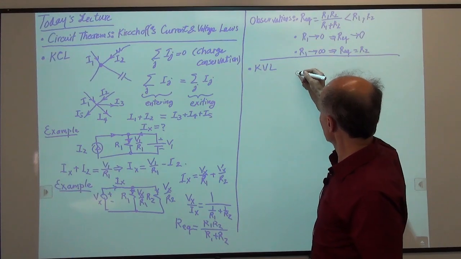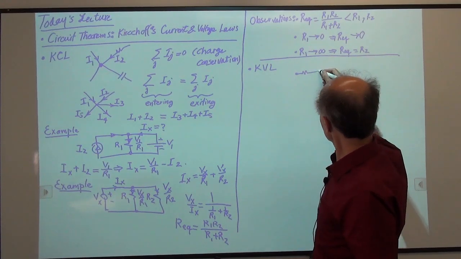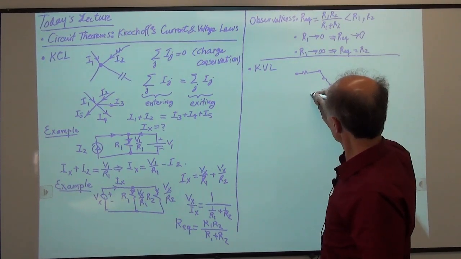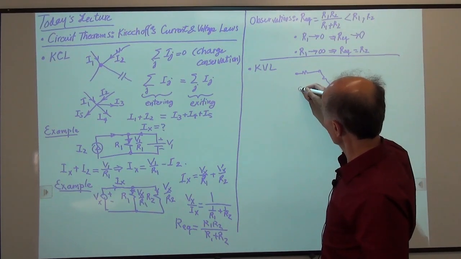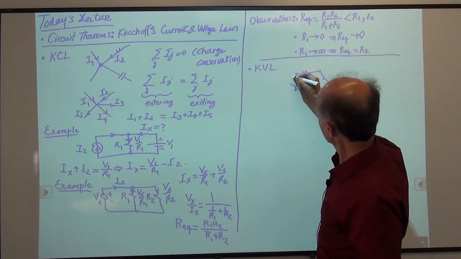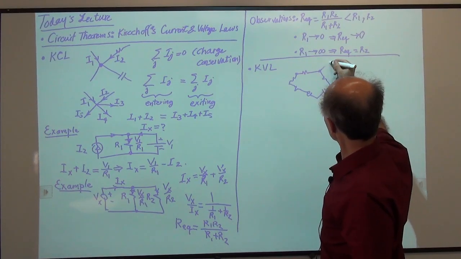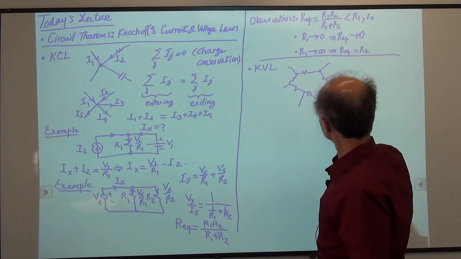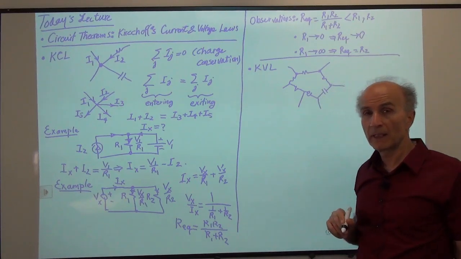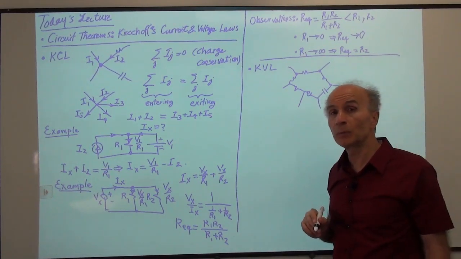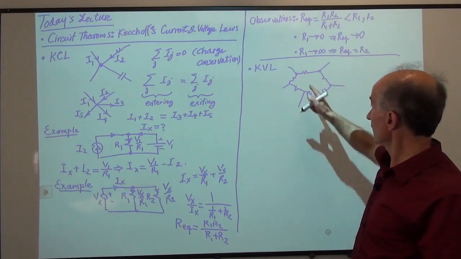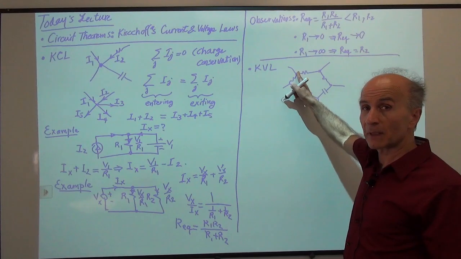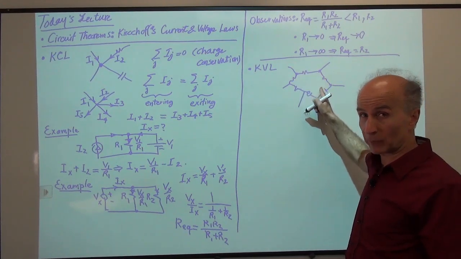So let me explain what that means. Suppose we have a circuit that has various branches consisting of many different devices, right? You have inductors, capacitors, whatever. And of course, there could be many other things connected here. But we identify a loop here, and a loop consists of a bunch of these branches. And wherever we start from, the definition of the loop is that we come back to that point.